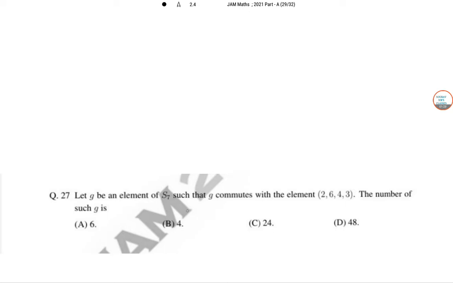Next, let g be an element of S7 such that g commutes with the element (2 4 6 3). How many such g's are there?